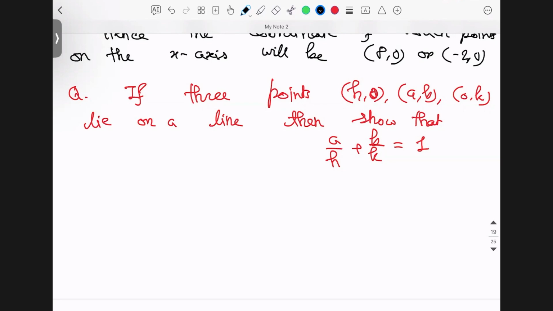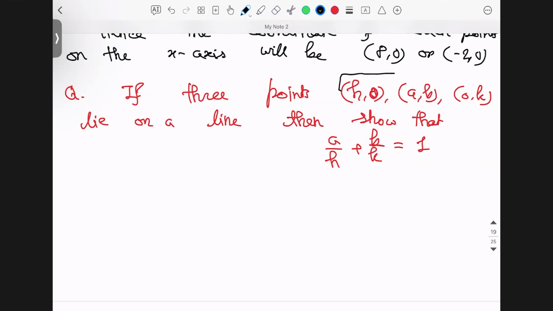So what is the question? The given 3 points lie on a straight line. So this means if I consider any 2 points, we can get the slope of the straight line. Like if I consider these 2, or these 2, or this one and this one, whichever we consider, we will ultimately get the value of the slope, the tangent of the angle the straight line makes with the positive x-axis in the anti-clockwise direction.